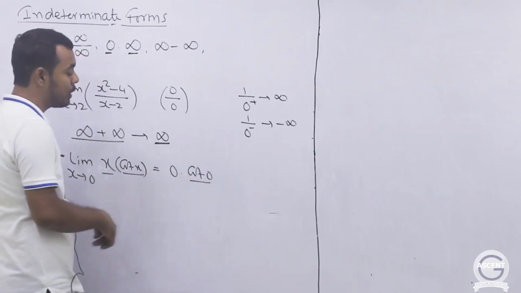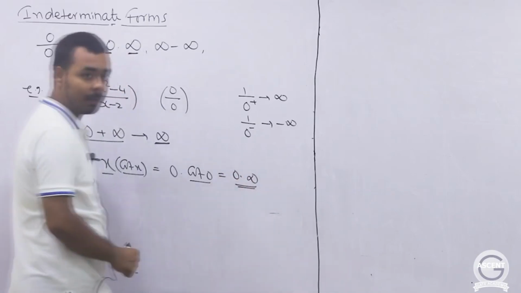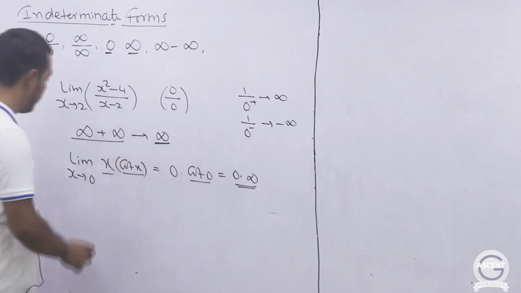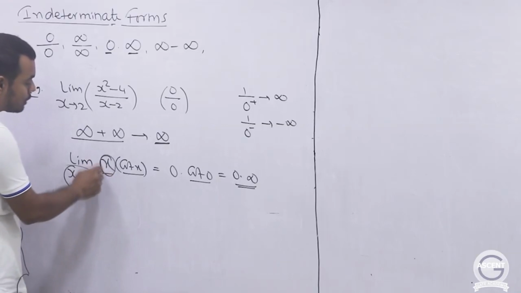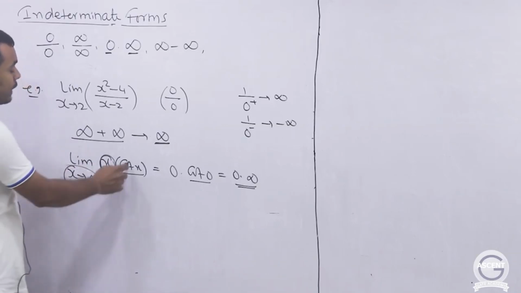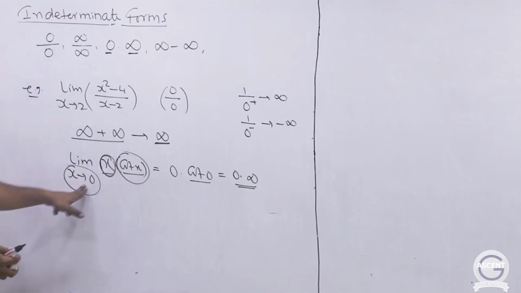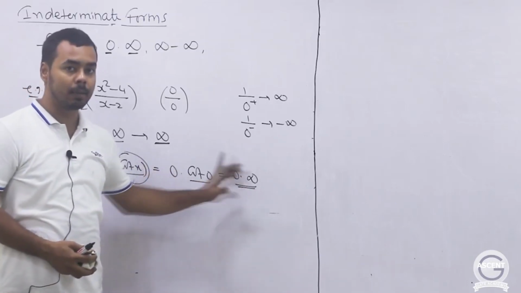Now cot 0 means cos 0 by sin 0. So this will become the 0 into infinity indeterminate form. Now remember that this is not exactly equal to 0. If I am writing x tending to 0, it means this is approaching 0, very close to 0 but not exactly equal to 0, and similarly this is approaching infinity. So this limit x tending to 0, x into cot x, is the 0 into infinity indeterminate form.